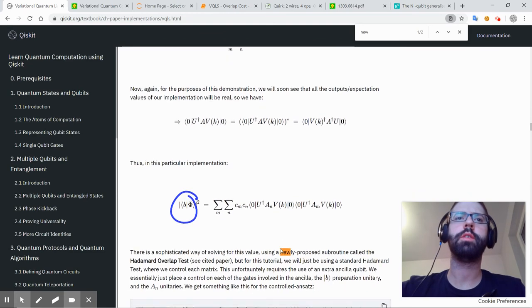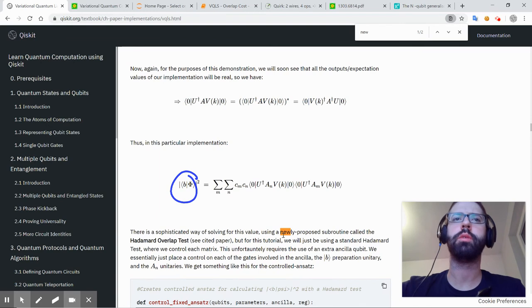There is a more sophisticated way to solve these, in the course called Hadamard test. And for this tutorial, we'll just be using the standard Hadamard test.